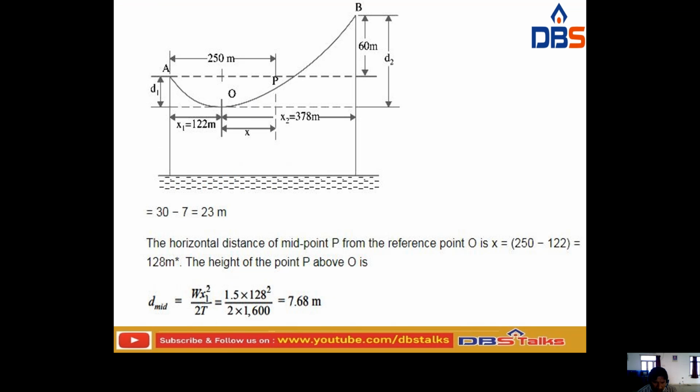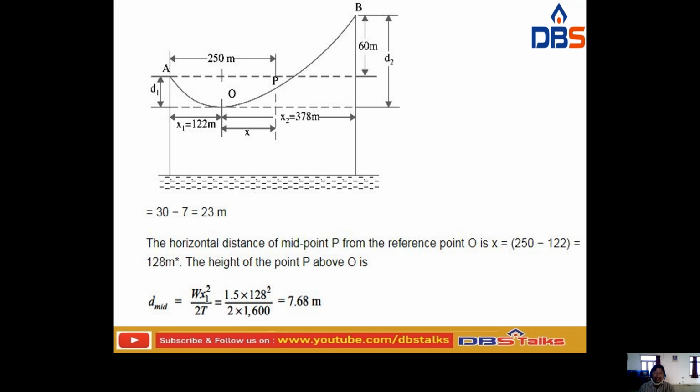Look at the figure. We have to take an assumption of P as the point. From that x1 value, x2 value, and x value, right? So x is equal to 250 minus 122, right? So this is the total 250 meters. Now x1 is 122. Now we have to calculate x, meaning 250 minus 122, that is x equal to 128 meters.